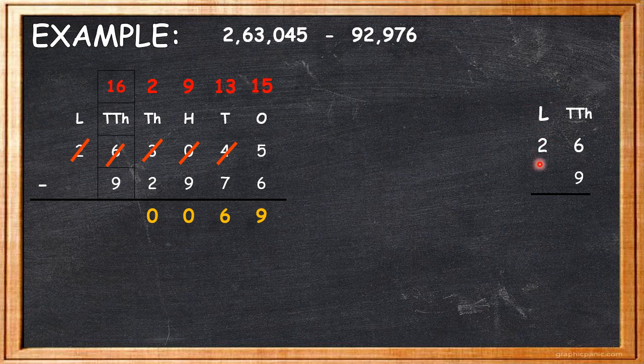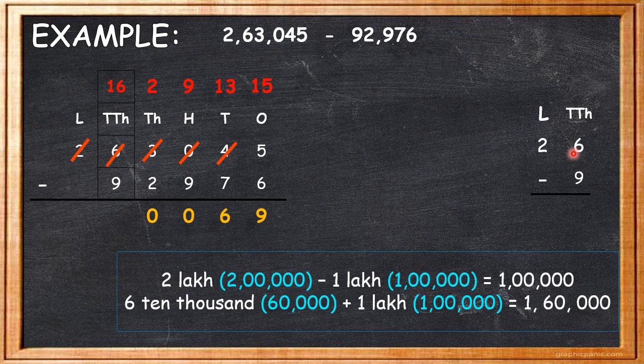The lakhs house will help with 1 lakh to the 6 ten-thousands. We can see here 2 lakh minus 1 lakh is equal to 1 lakh, which we will write here, and 6 ten-thousands plus 1 lakh is equal to 1 lakh 60,000.